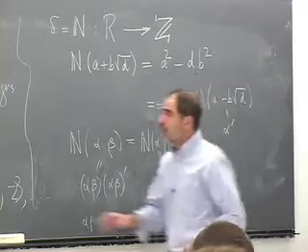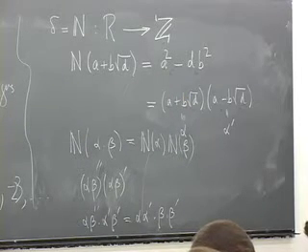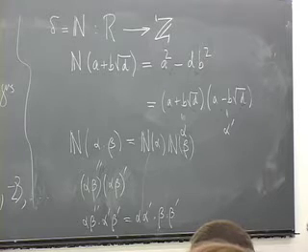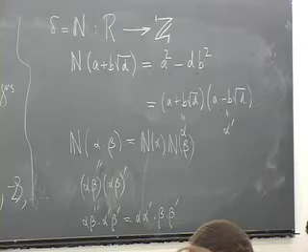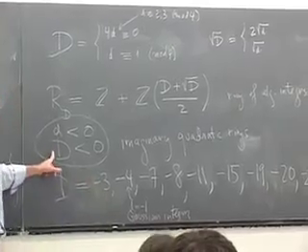OK. So this will allow us to identify, as we did in the Gaussian numbers, what the units of the ring are. One more observation. And this is the reason that, for d less than 0, this condition becomes so nice.